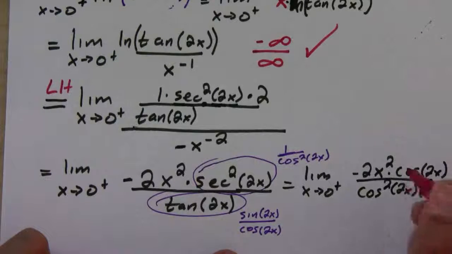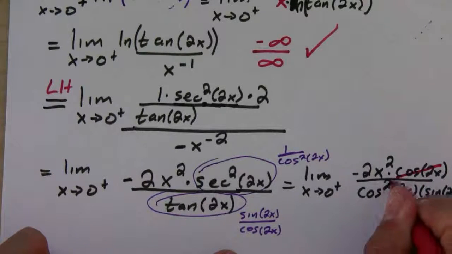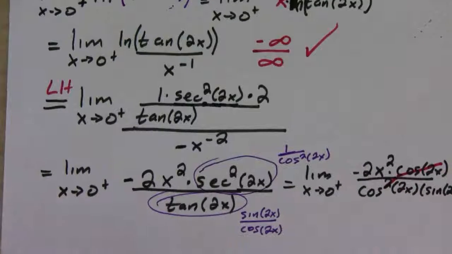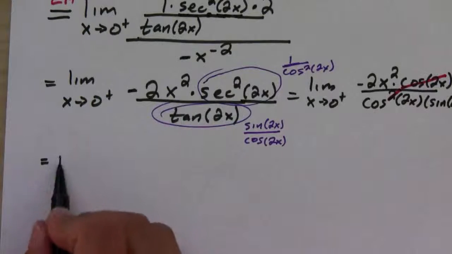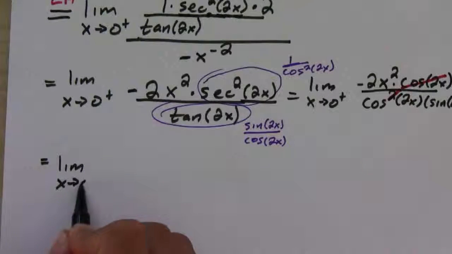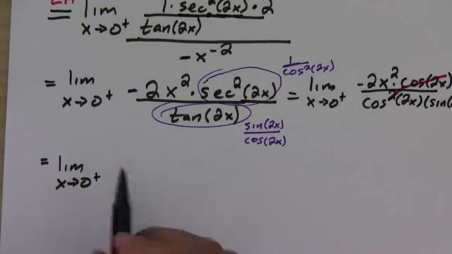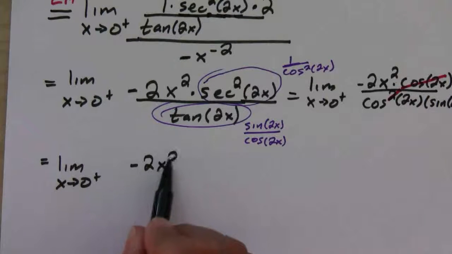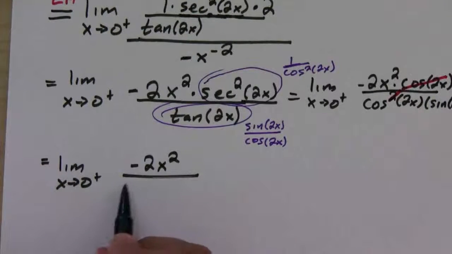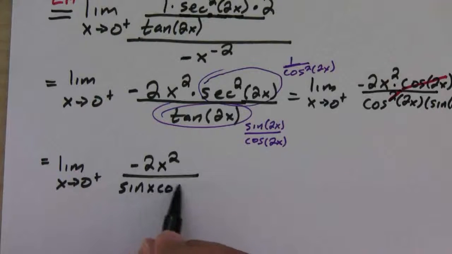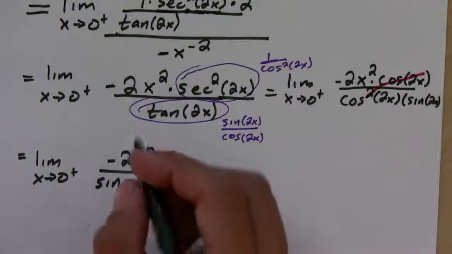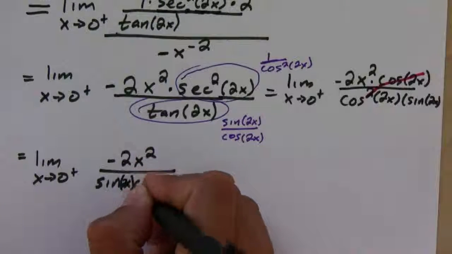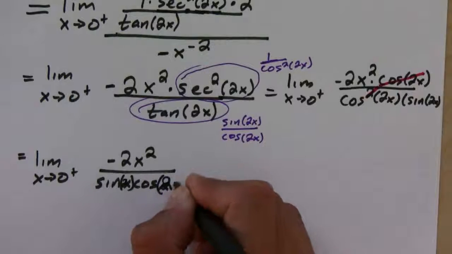And so notice that one of these cosines cancels with one of these. And so this is equal to the limit, as x approaches 0 from the right, of negative 2x squared over sine of 2x cosine of 2x.